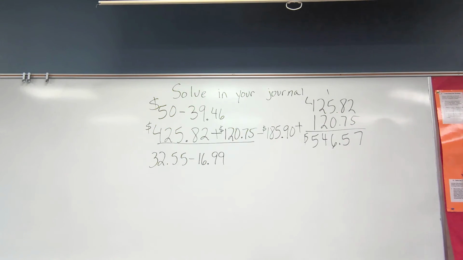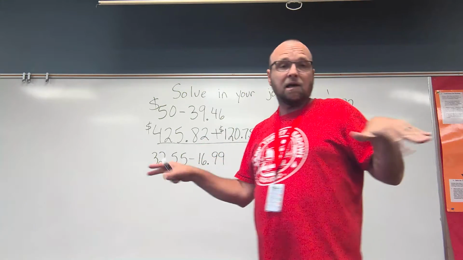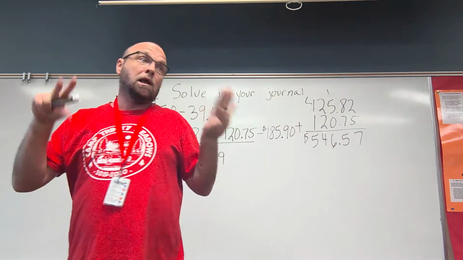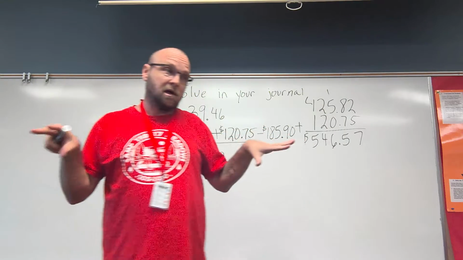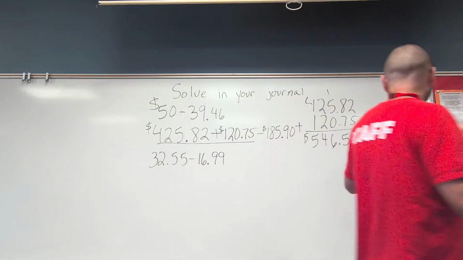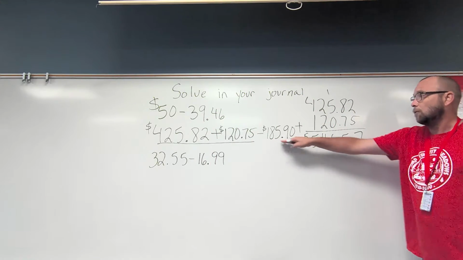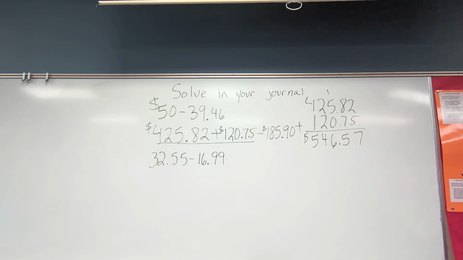Now, after she has that much money in her account, then she takes out of her bank account. I am going to go to the movies, and I know the popcorn costs a lot of money, and I'm going to get some Dippin' Dots, and they cost a lot of money. So to go to the movies, she's going to take away $185.90. That's a lot.